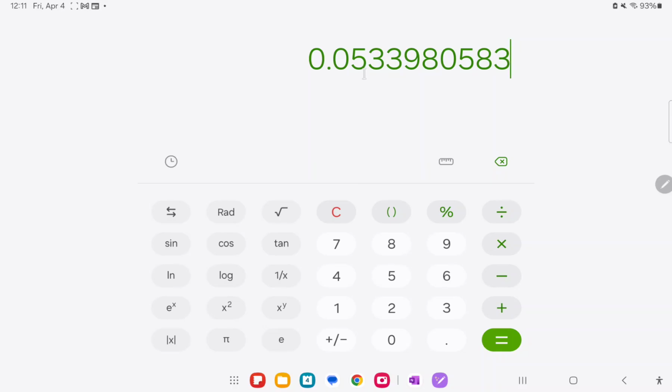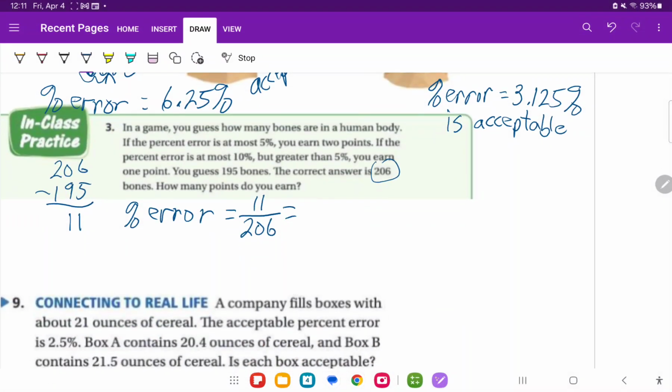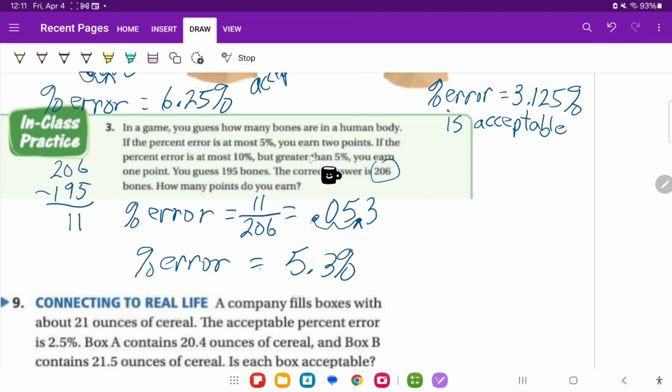So that is 0.053. Move the decimal 1, 2. All right, so the decimal is now right there. So your percent of error is equal to 5.3%. Well, that is more than 5%, so you don't get the 2 points. You get only 1 point. Okay, we're going to stop right there with this video.